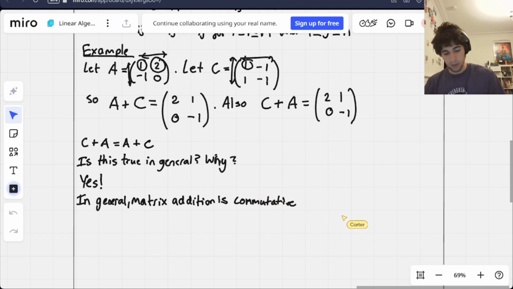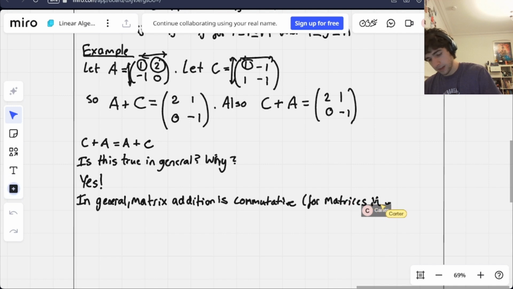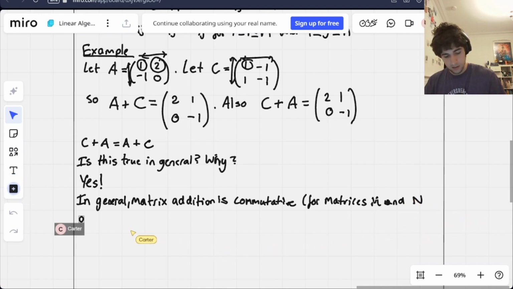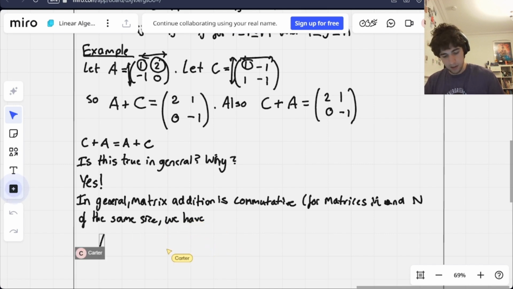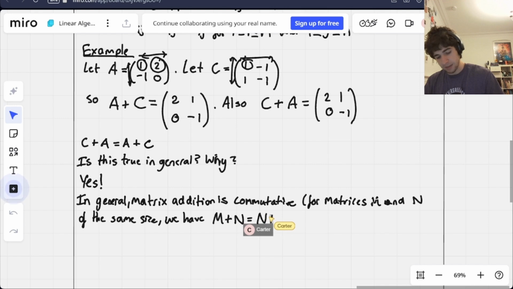And what this means is for matrices M and N of the same size, we have the matrix M plus the matrix N will always be the same as me adding the matrix N to the matrix M the other way around, right?